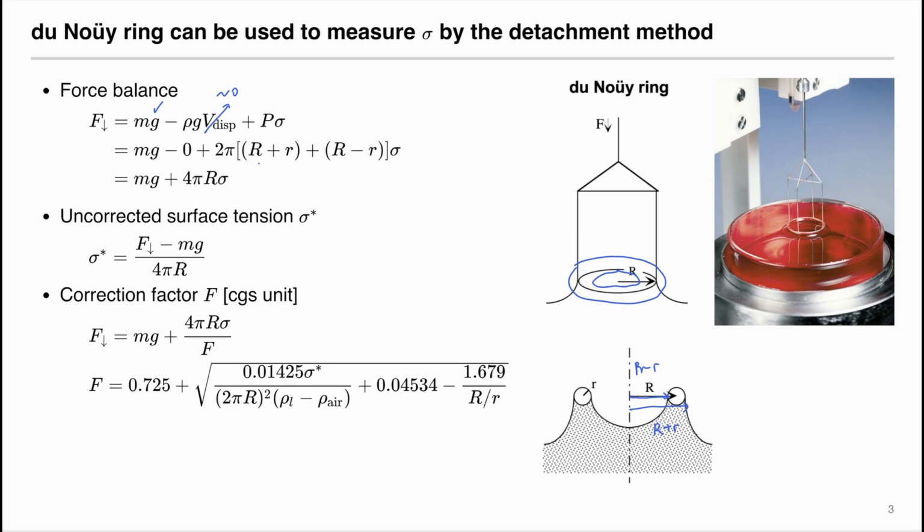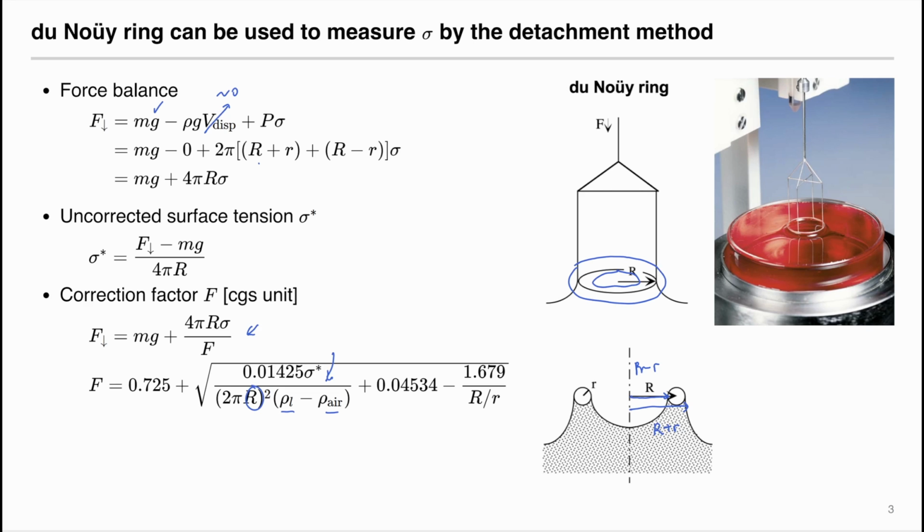However, early investigators found out that the uncorrected surface tension is not exactly the true surface tension. So they added a correction factor to the surface tension term. The correction factor big F is dependent on the radius of the ring, as well as the density of the liquid and air, which are the two phases that we're interested in, and the uncorrected surface tension.